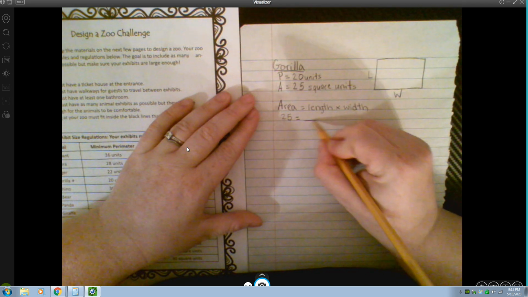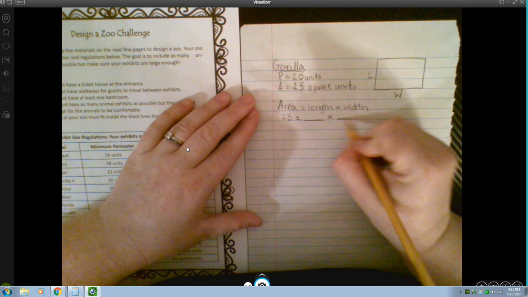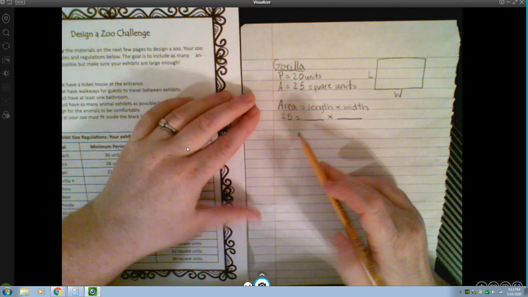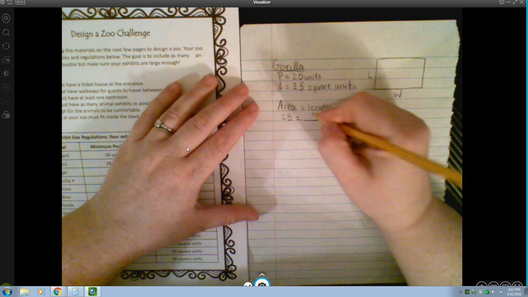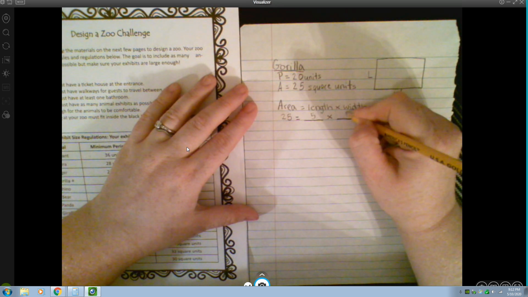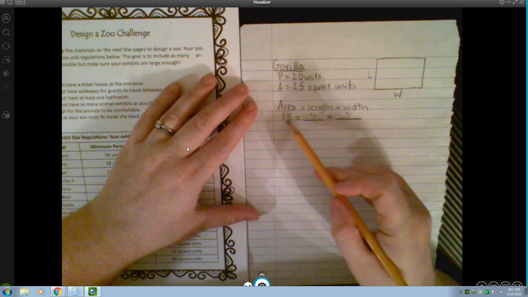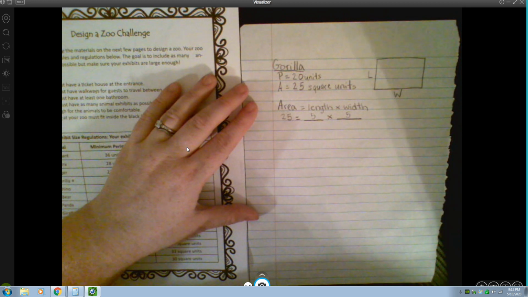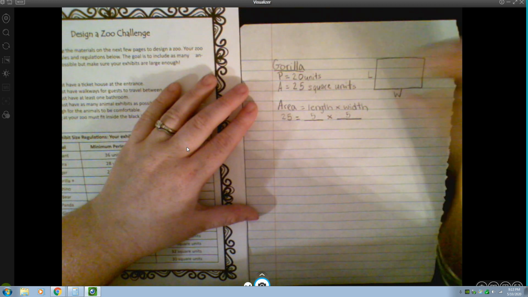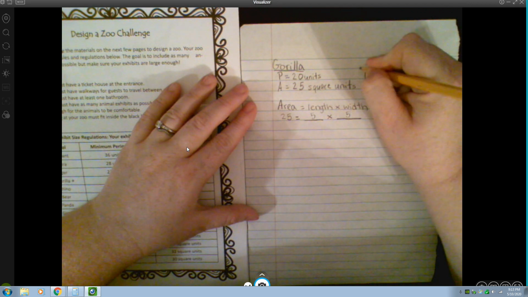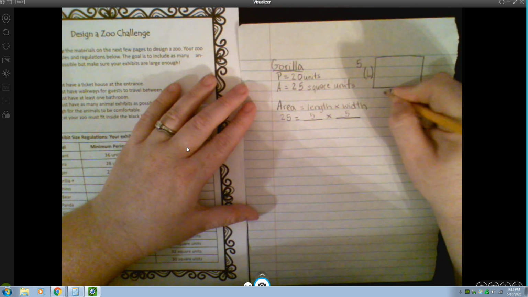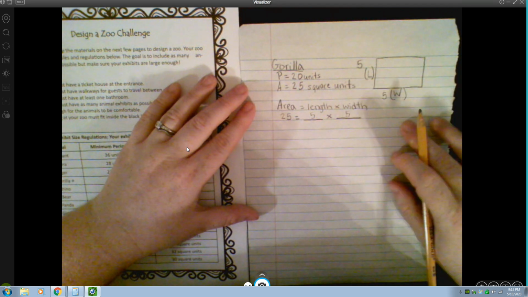I need two numbers that, when I multiply them together, give me 25. Well, I know that 5 times 5 is 25. So I would write 5 and 5 here.